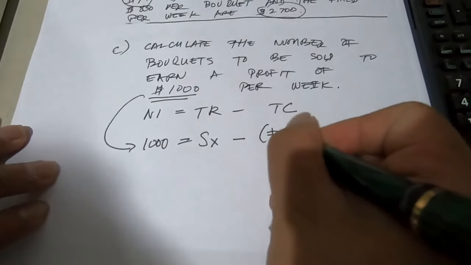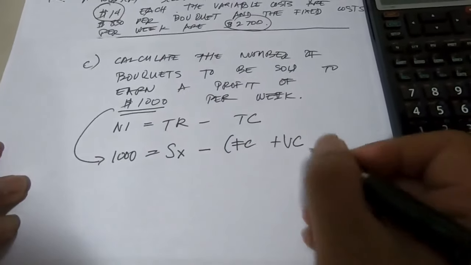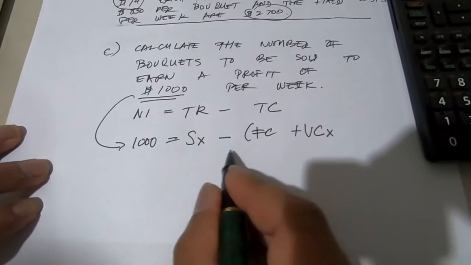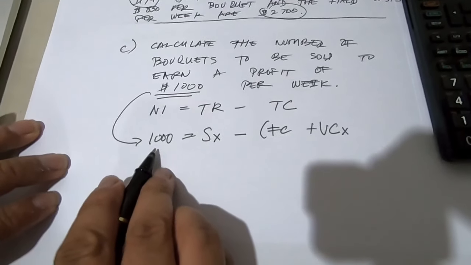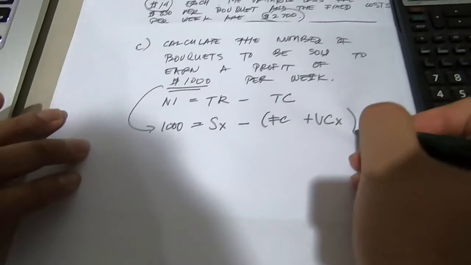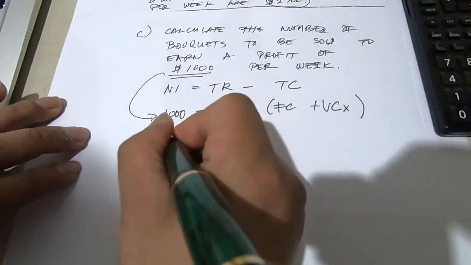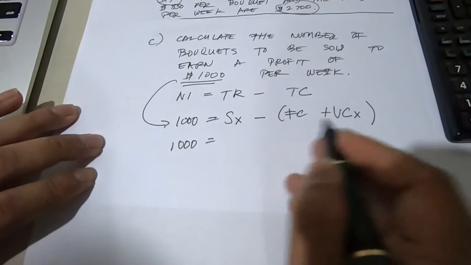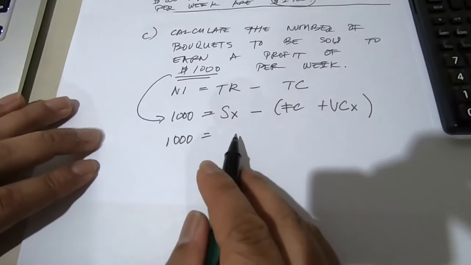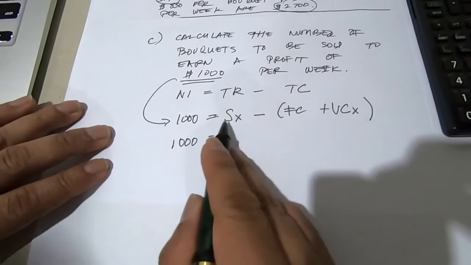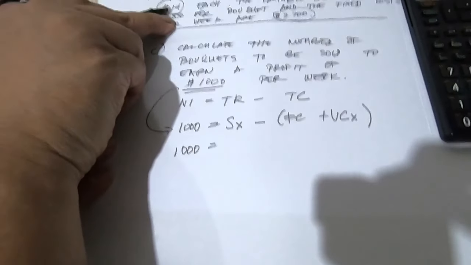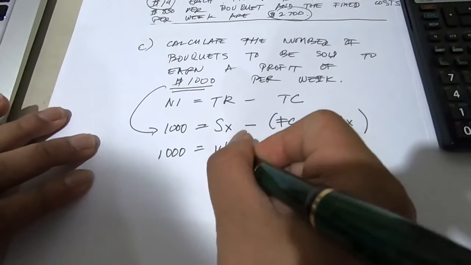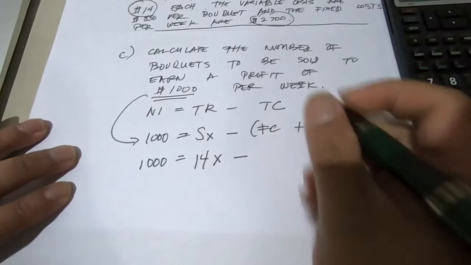Minus fixed costs plus variable costs multiplied by X, which is the unknown quantity we need to find out in order to get this particular net income here. Okay, so we proceed, 1,000 goes down. Now we can actually still continue to plug in as we did in the previous parts of the question. So S, we know S is 14 from the main word problem. 14 goes down. X goes down as well.